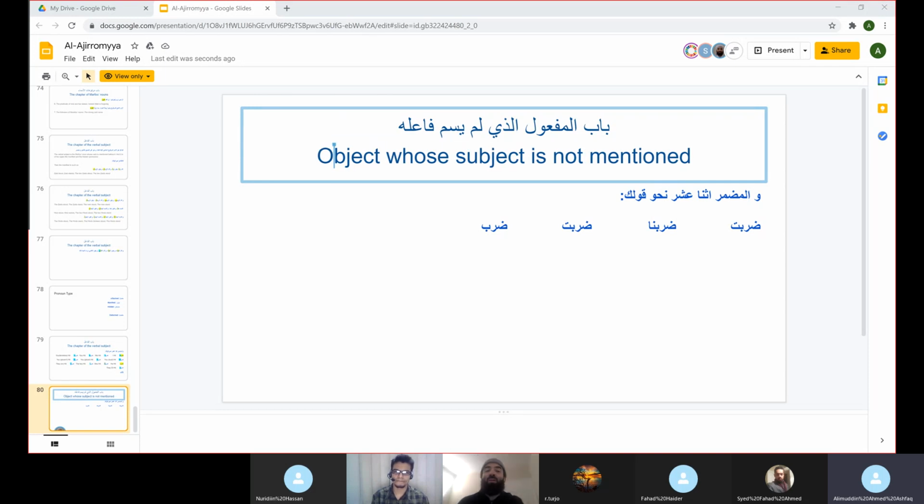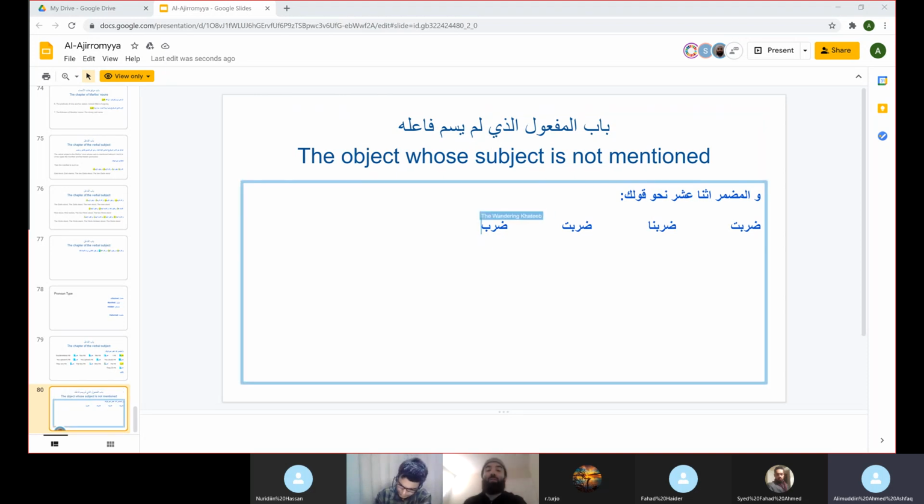Okay, the object whose subject is not mentioned. That's better. Okay, so now in this case as well, this object is either manifest or hidden. And what does the author say?